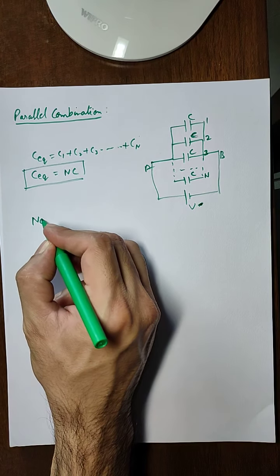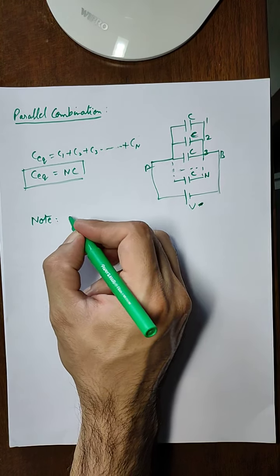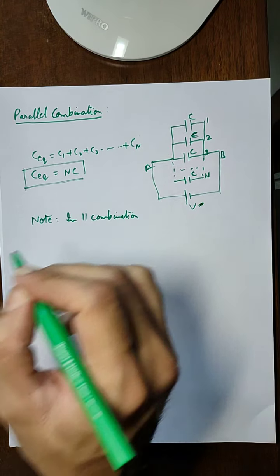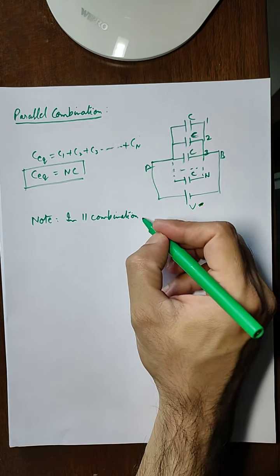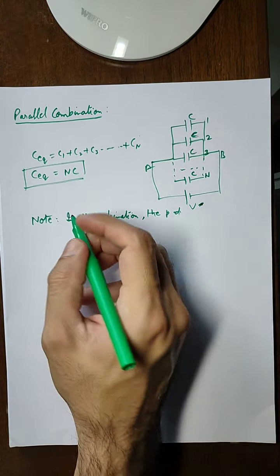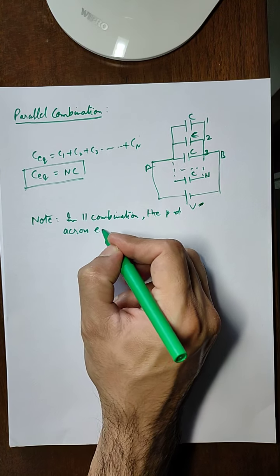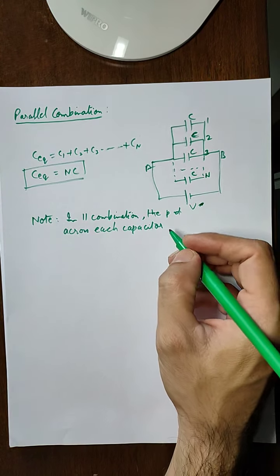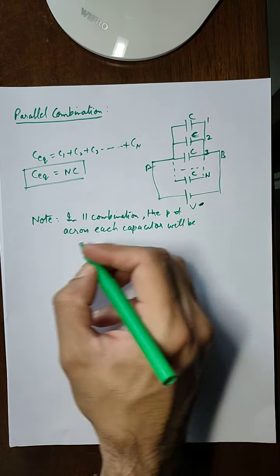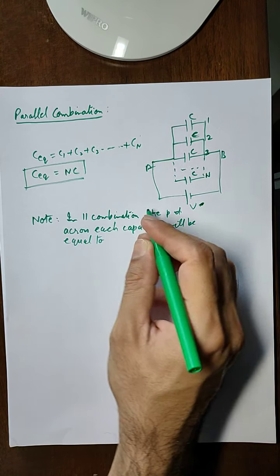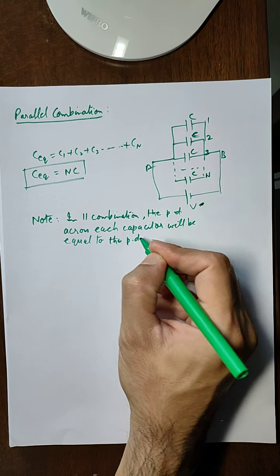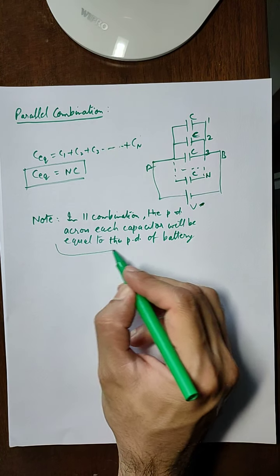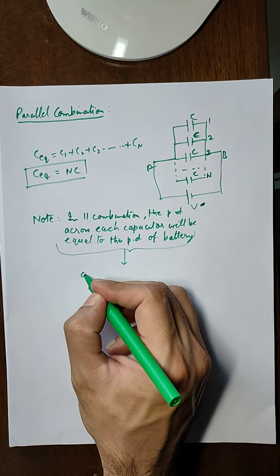So we can write a note here that in parallel combination the potential difference across each capacitor will be equal to the potential difference of the battery, and this case is always true.